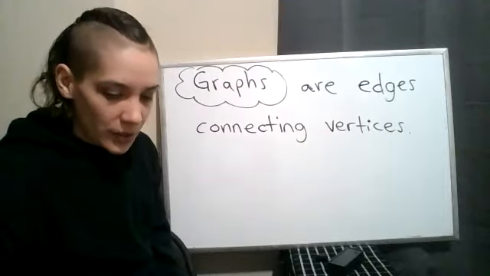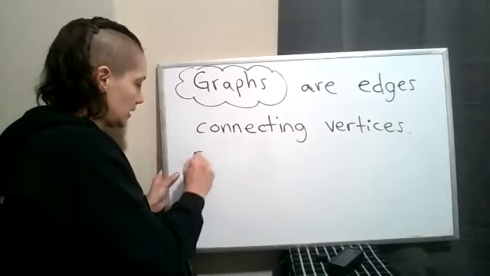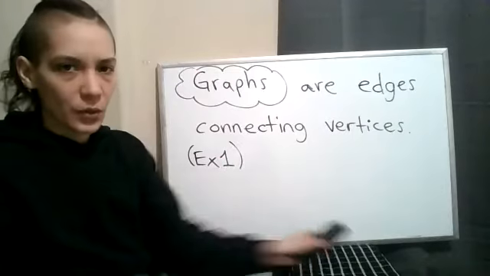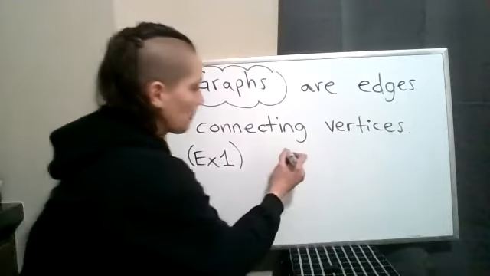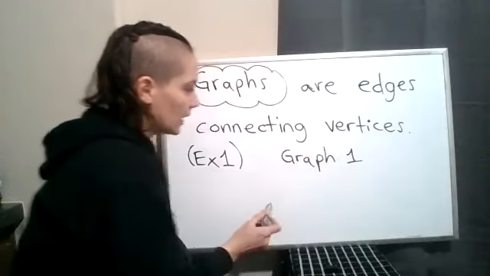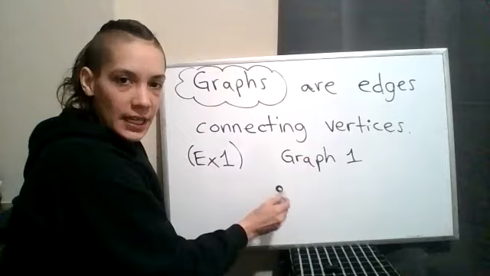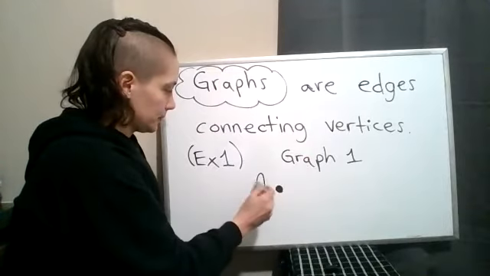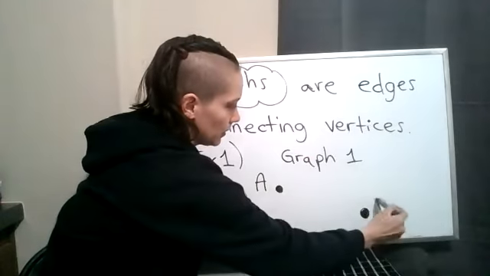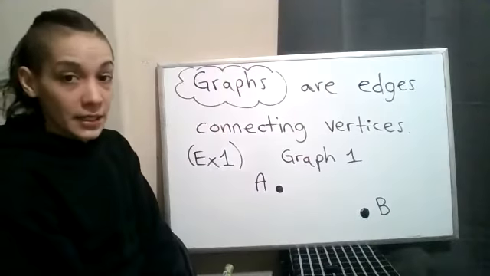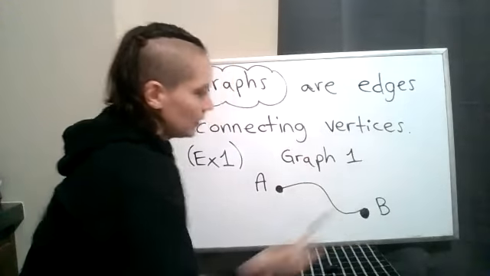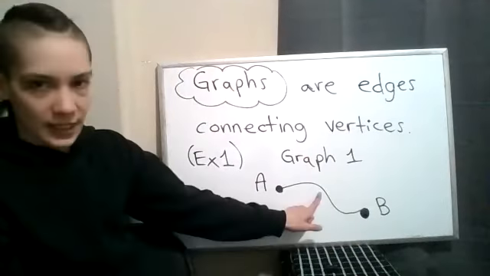All right, we're going to do an example like this. So we'll call this graph number 1. This is vertex A. And over here is vertex B. And there's an edge, which we call AB. This is going to connect them with this line right here.